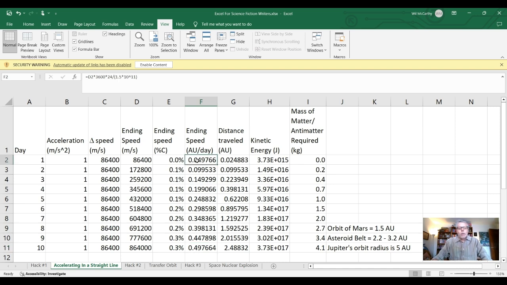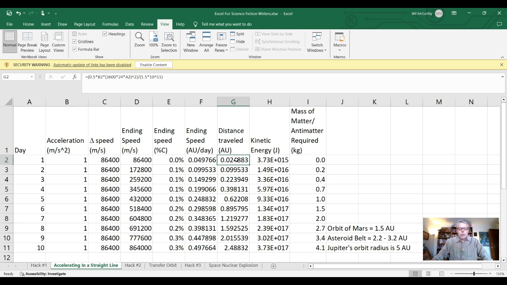And you can see at the end of that first day, in terms of astronomical units, we haven't traveled very far. But by the end of the 10th day, we're going half an AU every day. So that's a very nice, very fast interplanetary speed.